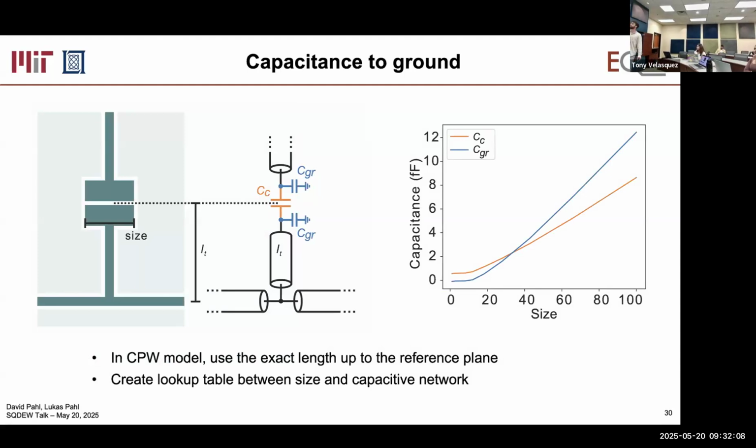And now what you get is a lookup table, a direct map between capacitances and their capacitances to ground to a size. So if someone says, hey, I need a coupling capacitance that's this large, you can immediately give them a layout and you know how to correct for the capacitance to ground. So it's directly plug and play, right?